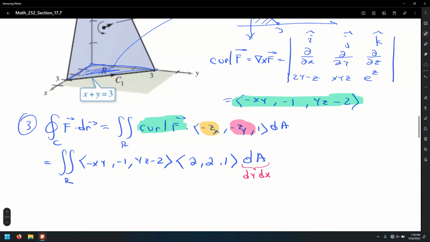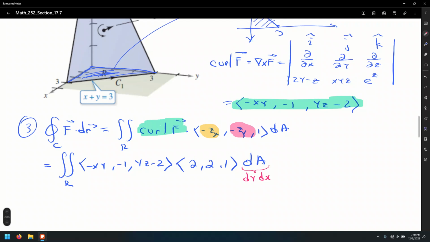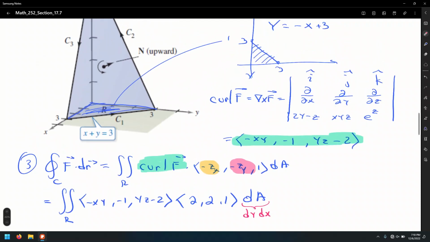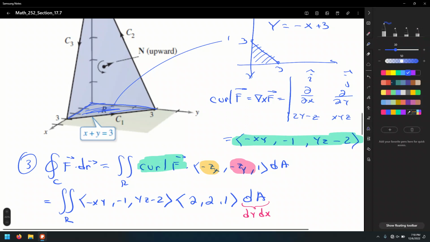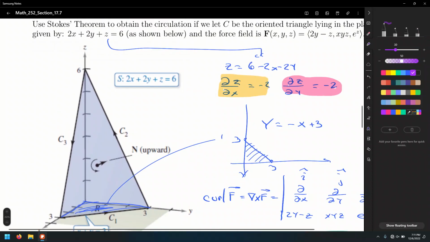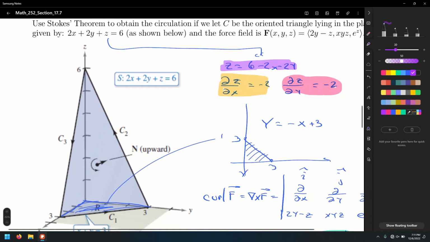How do we do that? Well, look at the surface we are working on, in this case the surface given by the equation of the plane, and we already solved for z. Let me highlight it so you can see what I'm going to do here. So I'm going to highlight this z right here. That's going to be this z right here, that equation. So let's just substitute it in there.